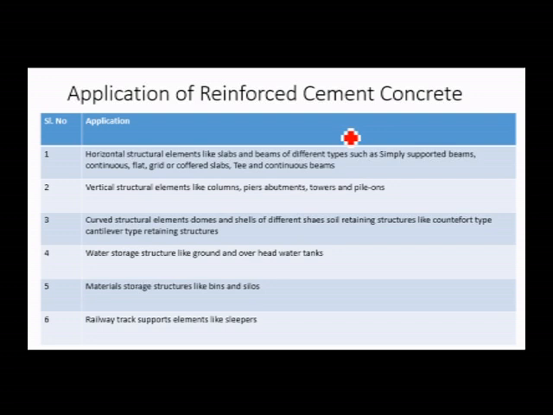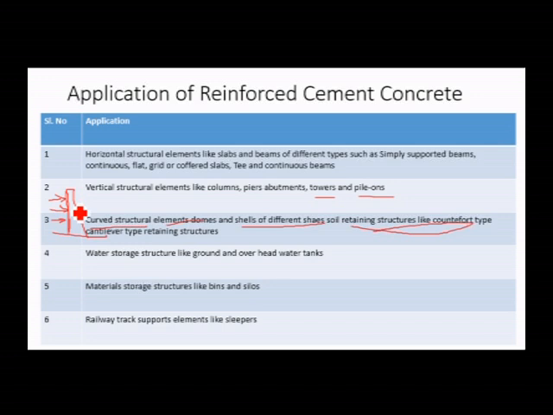The second major applications are vertical structural elements like columns, piers, abutments, towers and piles. Then curved structural elements, domes and shells of different shapes, and soil retaining structures like counterfort type and cantilever retaining walls, where on either side the soil pressure will be coming on a particular retaining wall.